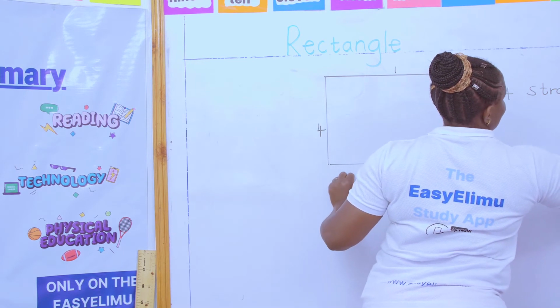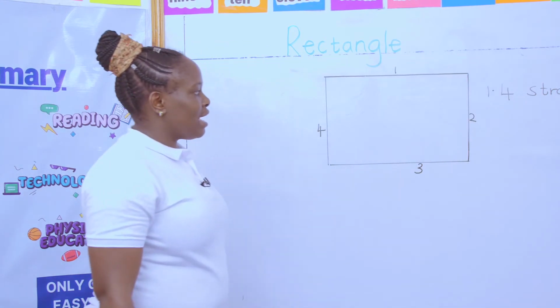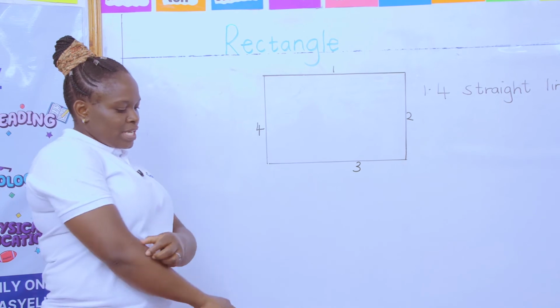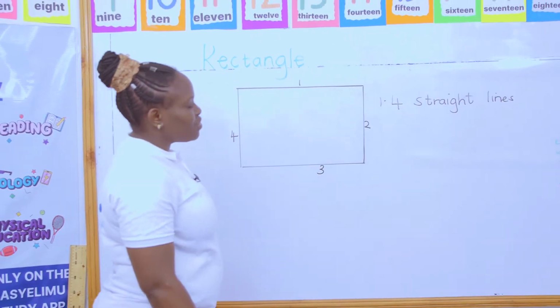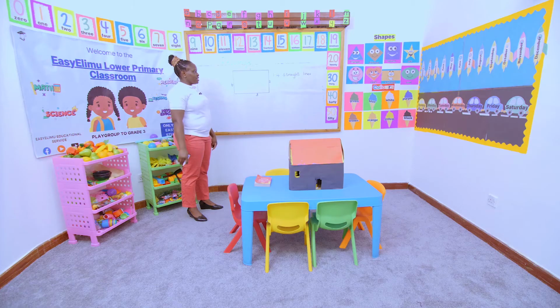What else can you say about this rectangle? Teacher, it has 4 sides. Very good. There is one thing that is with those 4 sides. What can you say about using short and long? Do you remember the short and the long? Yes.